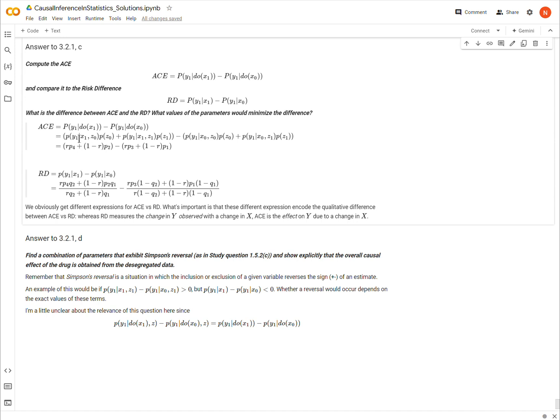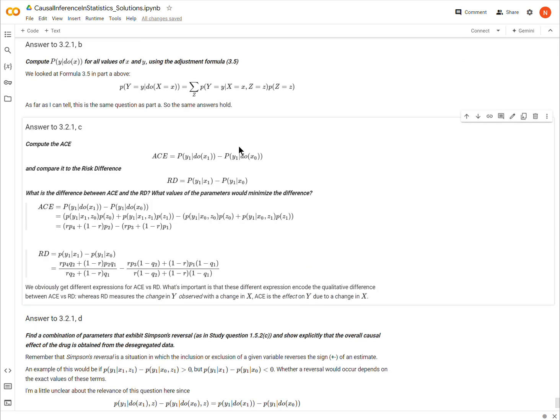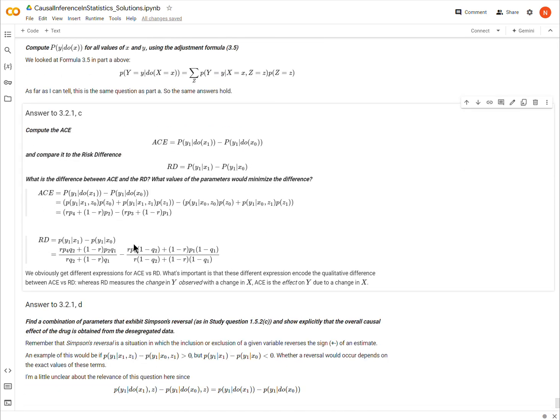And so that is this expression. And what is that expression? It is the probability of the outcome, I think y1 is recovering, or I can't remember, but the outcome y1 given they receive the treatment, minus the probability of that same outcome given that they don't receive the treatment. And the difference between those is going to be the causal effect of the treatment, right?